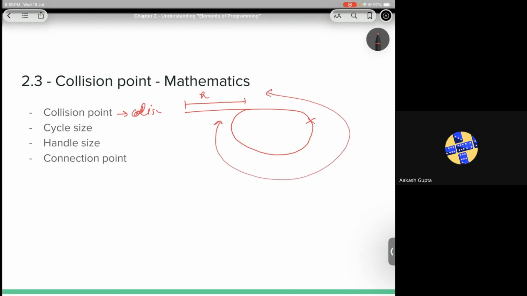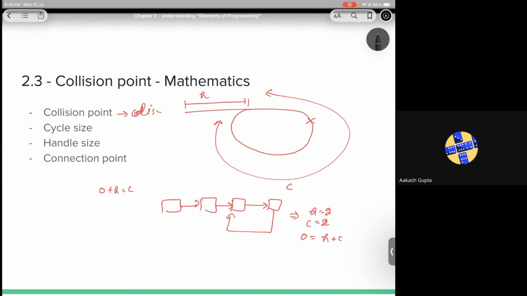The number of elements in the cycle is c. To make it discrete, let's say this is our structure. For this case, handle size equals 2 and the number of elements in the cycle equals 2, and the orbit size, the total number of elements, equals handle size plus c.